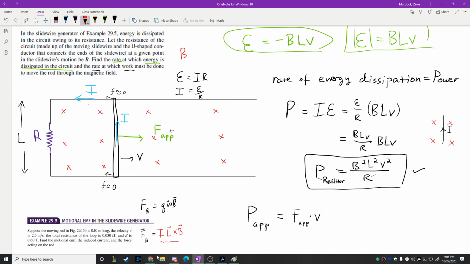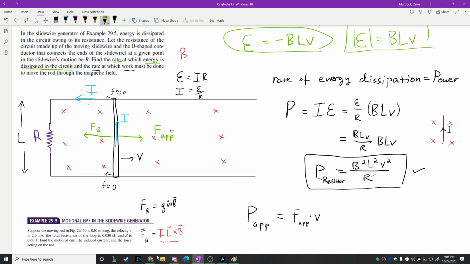What direction does it point? I goes up. Use your right hand rule. If I goes up, the magnetic field's into the page. What direction is that force? Left. That's right. So now we have a magnetic force going back this way.